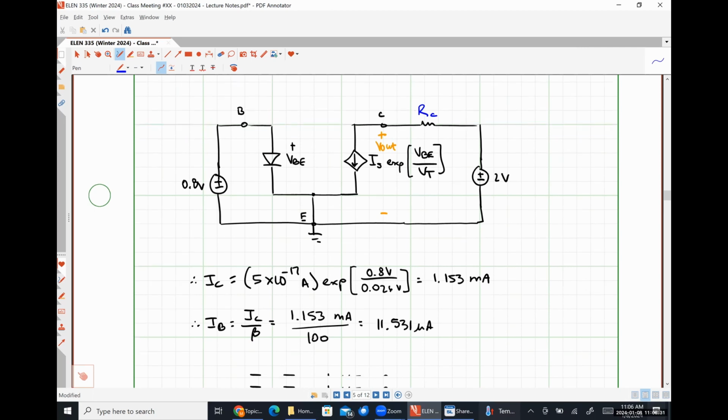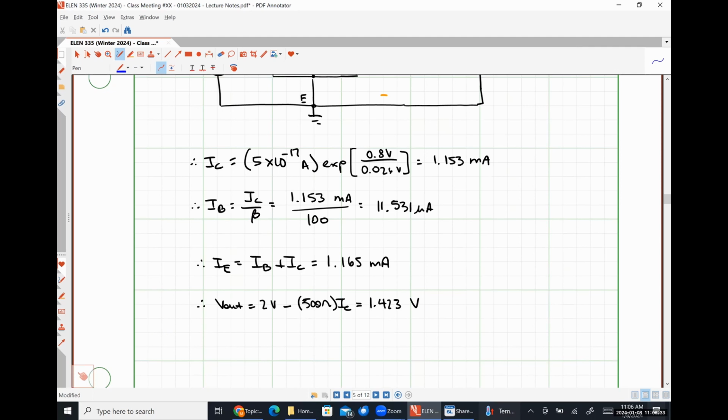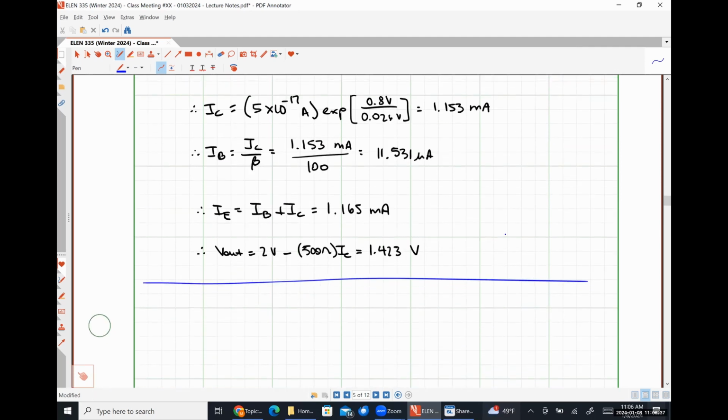And we're working under the constraint that VCE must be equal to VBE.